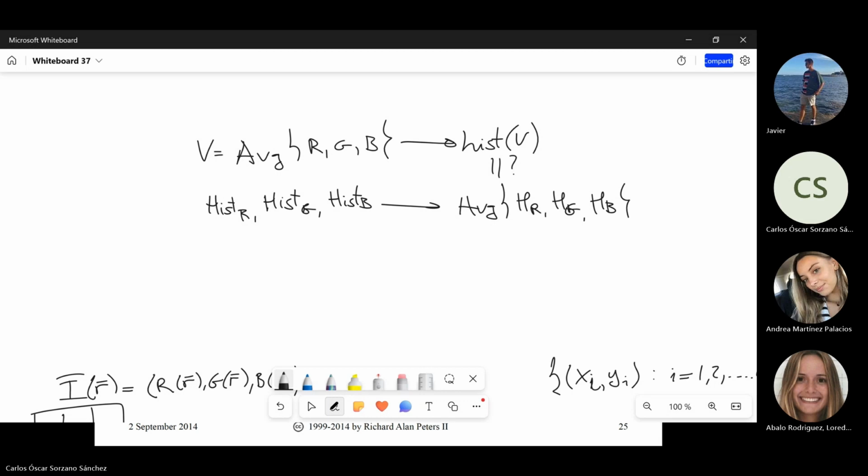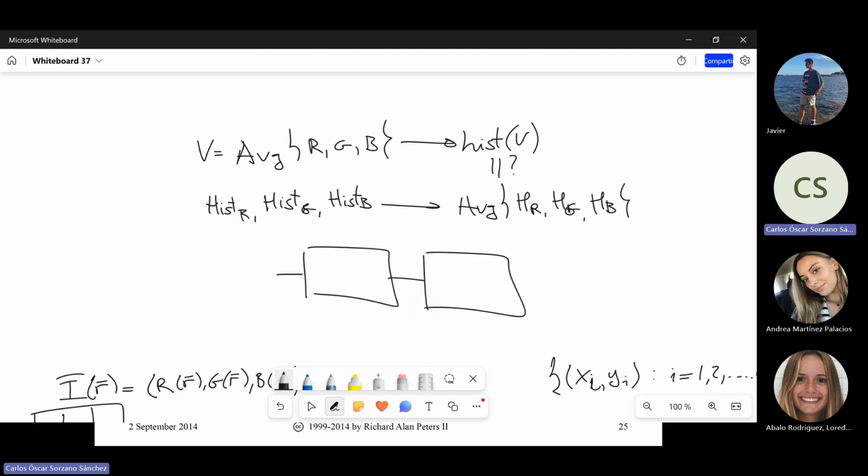Same? It's not. So the question here can be put in terms of systems. You can compute first the average.